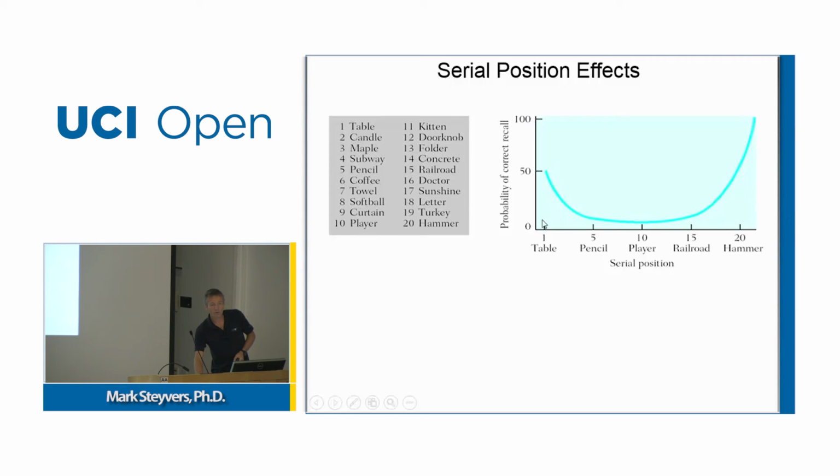Words that are shown early in the list, a word like table, that's the first one, is more likely to be recalled than words from the middle of the list. Words from the end of the list, hammer is the last one, is more likely to be recalled than, again, words in the middle of the list.